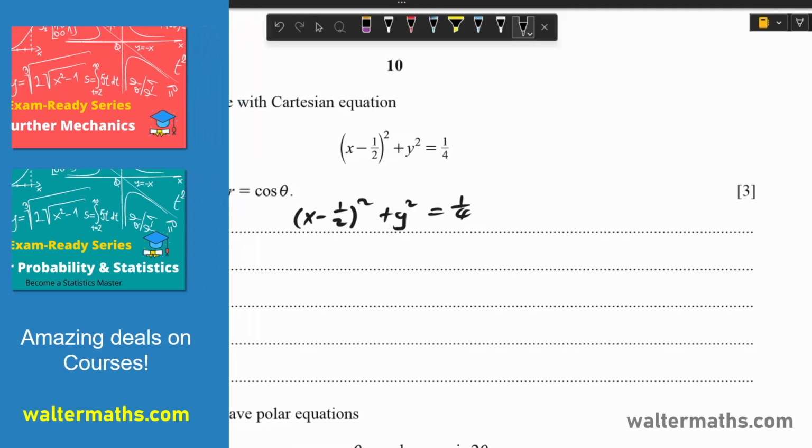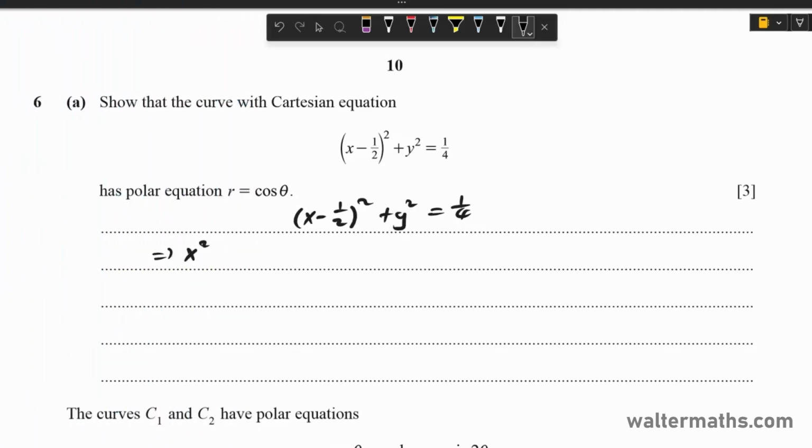Expanding the brackets, we get x squared minus x plus a quarter plus y squared equals a quarter. Rearranging, we have x squared plus y squared minus x equal to 0, because we can subtract a quarter from both sides and we'll be good. But x squared plus y squared is r squared, and x is r cos theta.